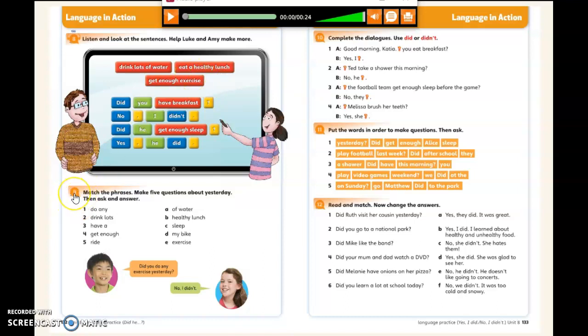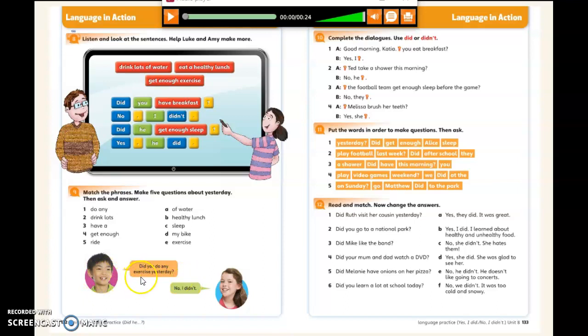let's go to exercise number 9. What you have to do here is match the phrases, which means that you have to connect the phrases in this column from 1 to 5 with the expressions in the second column from A to E. After you connect them and make the phrases, you will have to use these phrases to ask questions about yesterday.